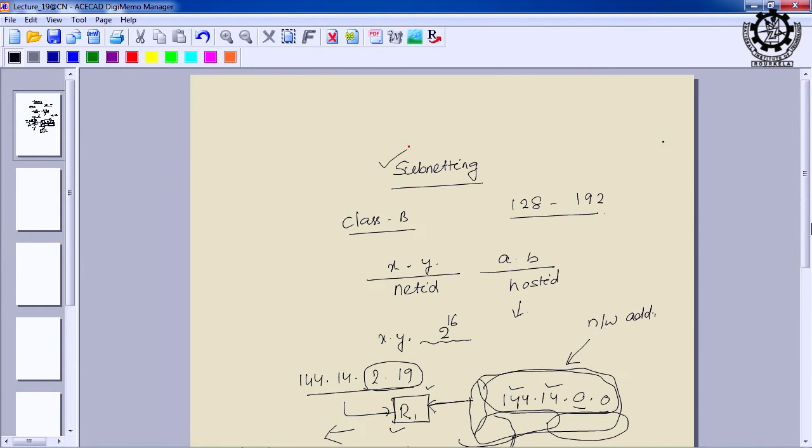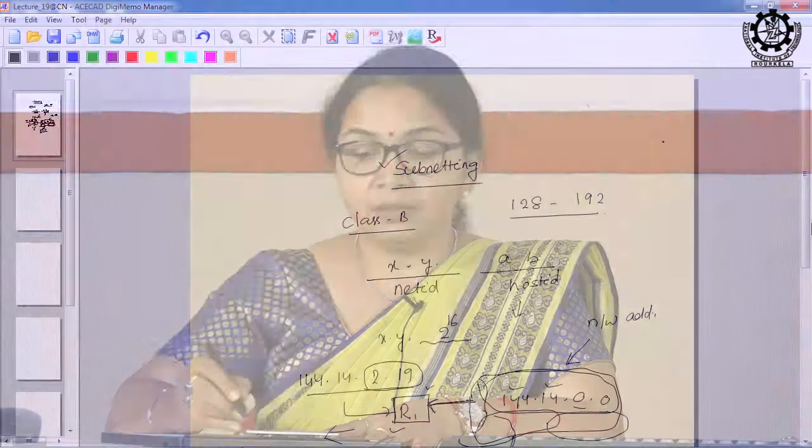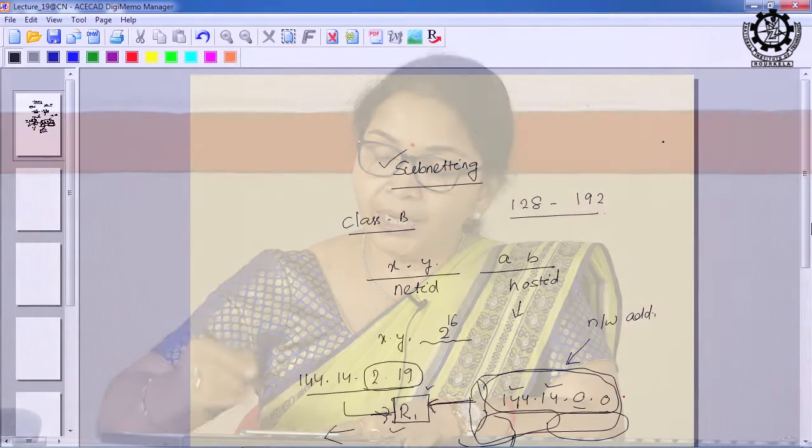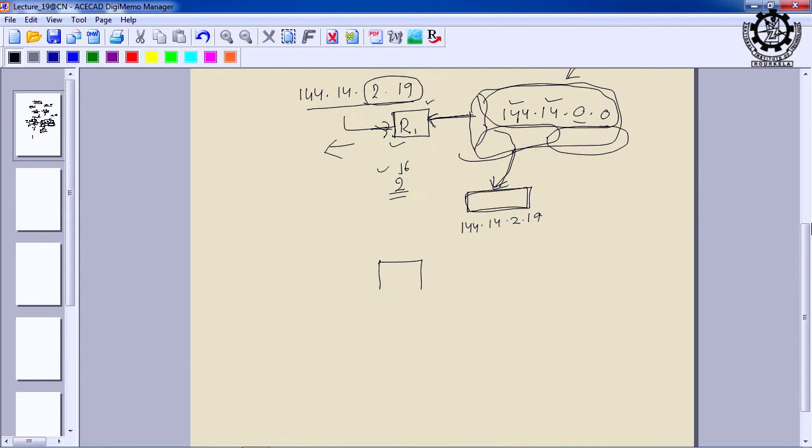That means dividing the bigger network into smaller networks is called subnetting. And this subnetting is known to the router which is connected to it, but beyond this, when a packet comes, it does not know where exactly the subnetwork is. So, the same router, let us say, is connected to a set of subnetworks.